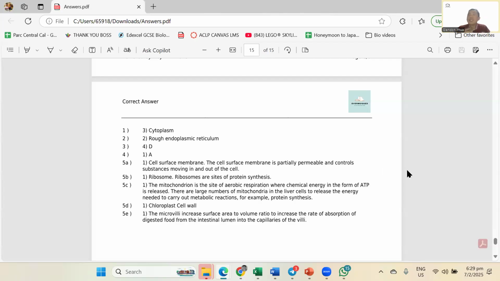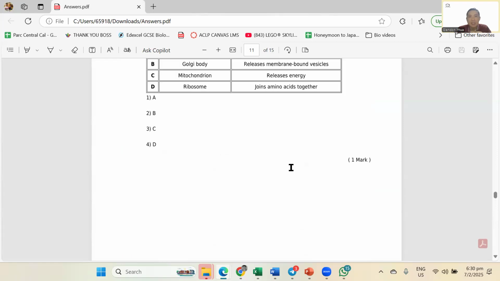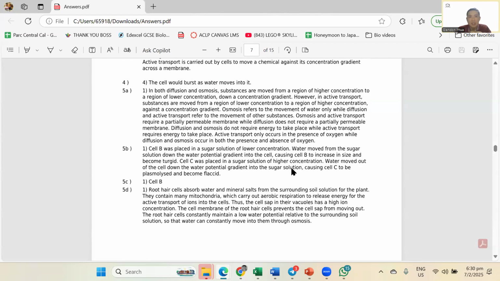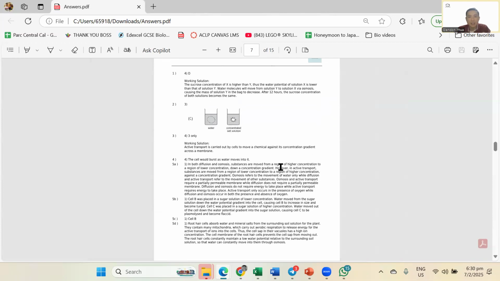I will also put it in the link later where you are downloading stuff. So don't worry, I'll put it there as well. Those who have no time, you can screenshot this. This is the answers for my cell structure one. This is the answers for the membrane transport question over here. So you can screenshot it. If not, later I will put my answers in the drive. So don't worry too much about it.